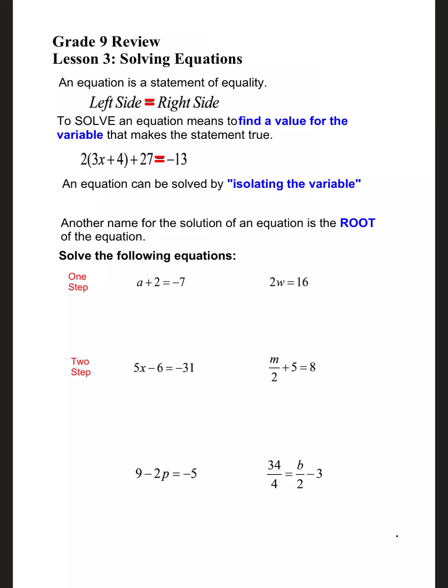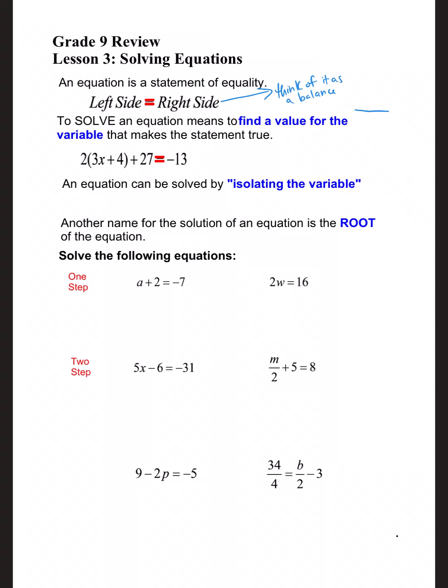When we think of an equation, we should think of it as a statement of equality, meaning that we always want to make sure that the left side of an equation is equal to the right side of the equation. It's best if we think about this as a balance, where you might put something on either side of the balance and you want to make sure that it is level.